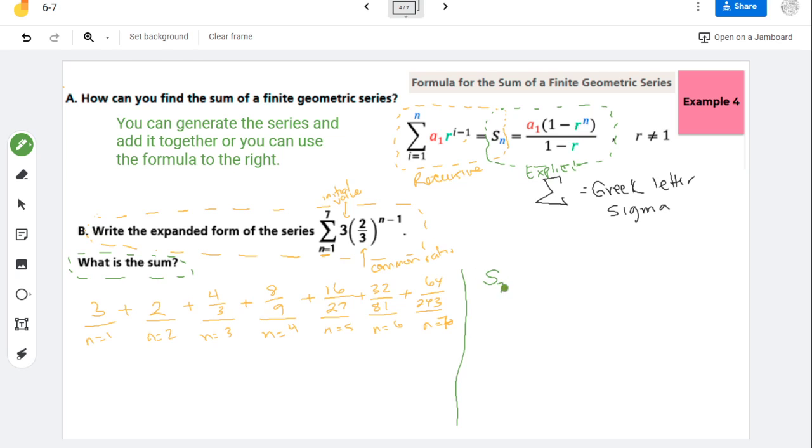So I have S sub 7 is equal to my initial value, which is 3, times 1 plus my common ratio, which is 2/3, raised to the n, which is the top of the sigma, 7th power. Now notice that 7 is only applying to the 2/3. It's not applying to the 1.